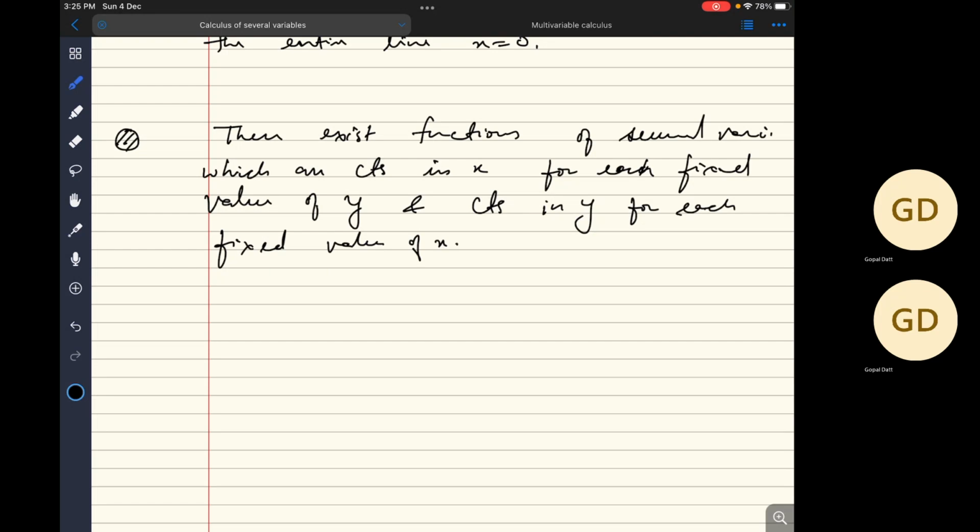Yet the function as a whole is discontinuous as a function of x comma y.